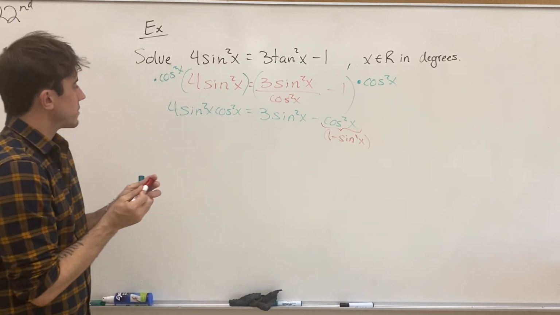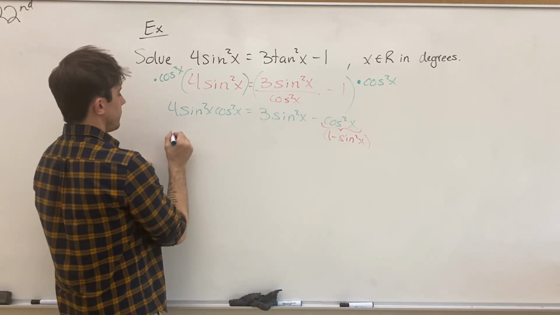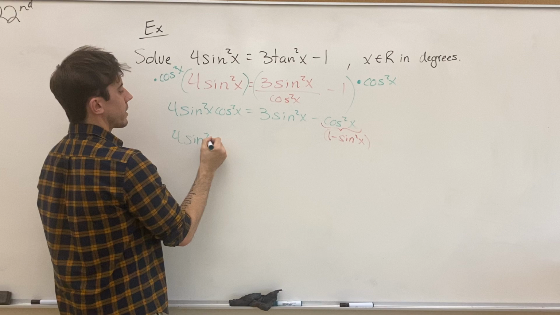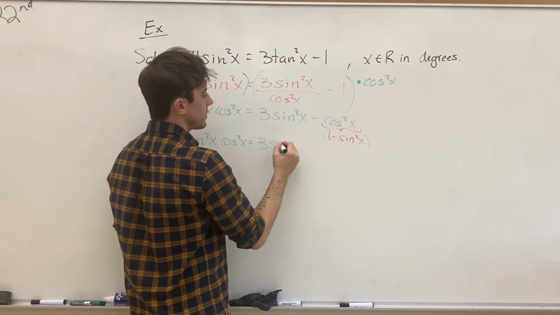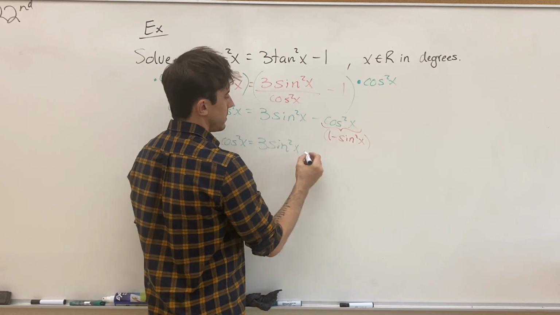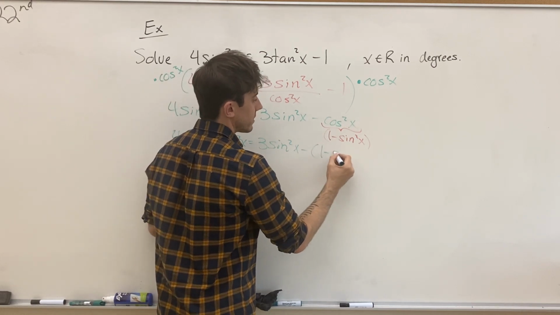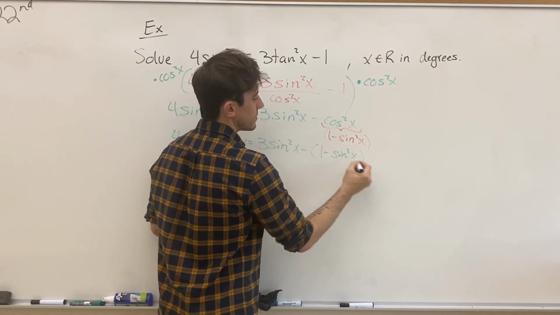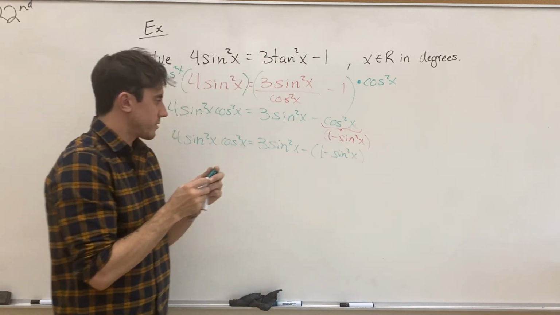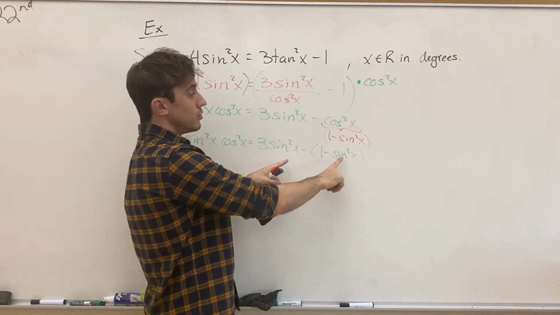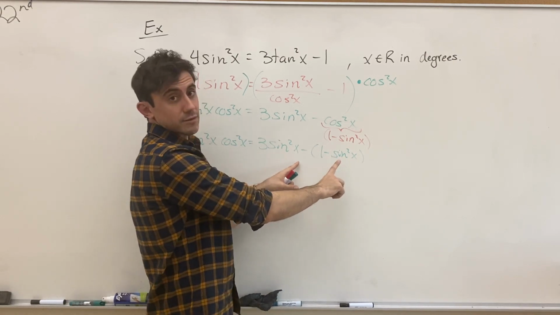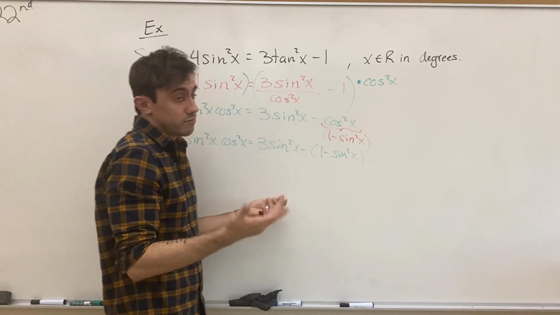Okay, so now we have 4 sine squared x cos squared x is equal to 3 sine squared x minus bracket, don't forget your bracket, don't make silly mistakes with negatives, super frustrating way to lose marks. And now, if you have a look at the right-hand side, we have no more cos squares, we have only sine squares, which might be a good sign, we'll see.